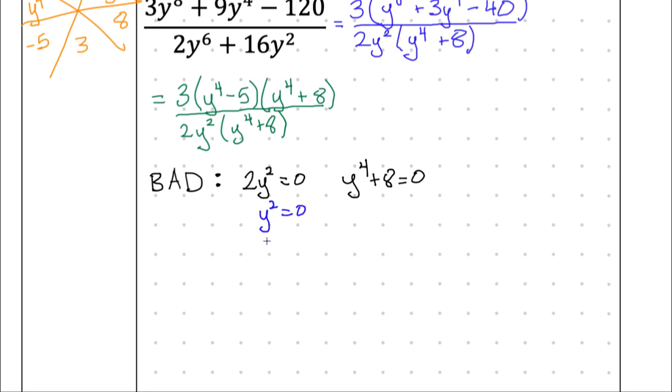Take the square root of both sides and y is equal to plus or minus 0, or just 0. Over here, let's subtract 8, so y to the power of 4 is equal to negative 8. And then I take the 4th root of negative 8, and you can't do that. So y is equal to the 4th root of negative 8, and that is not a real answer.